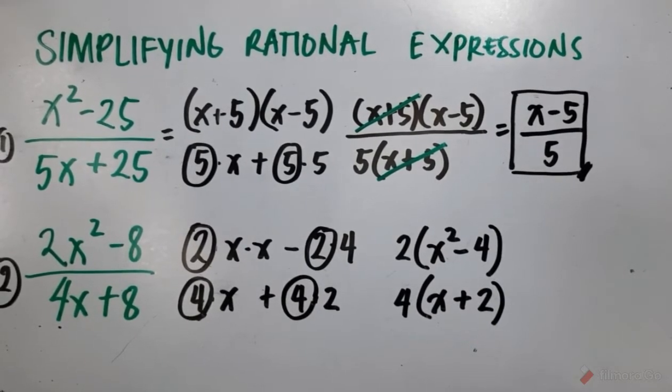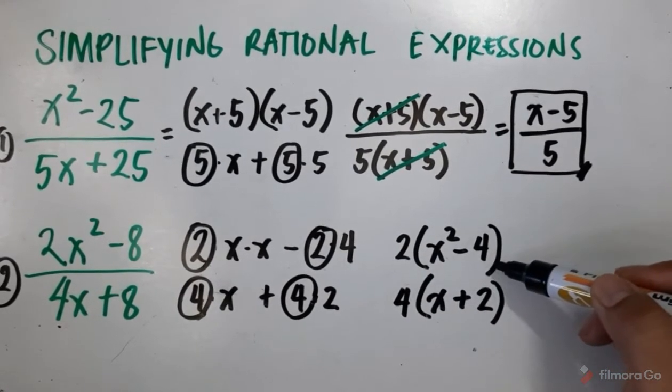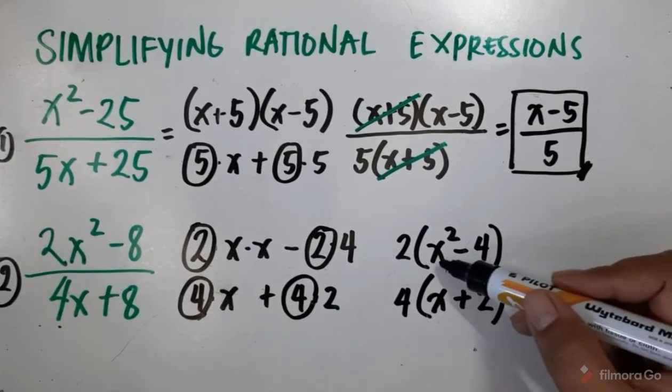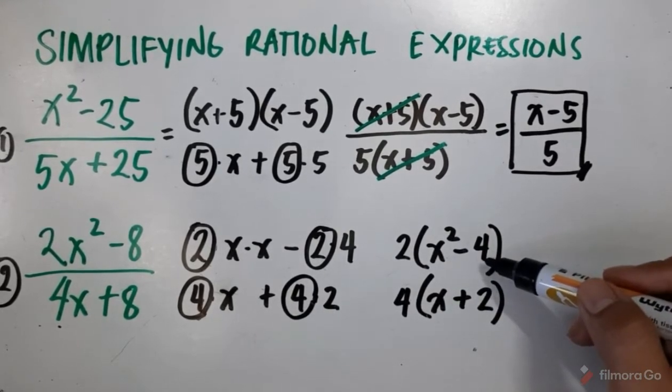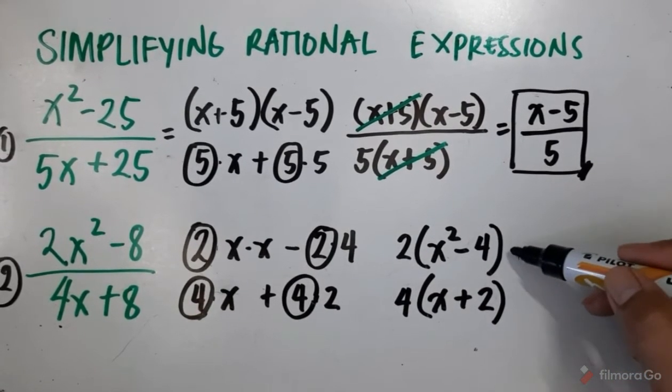Then, let's observe. Do we have something to cancel? Yes, here. But as you see, the numerator is still factorable. So, x squared minus 4 is a difference of two squares. So, we can still factor this.